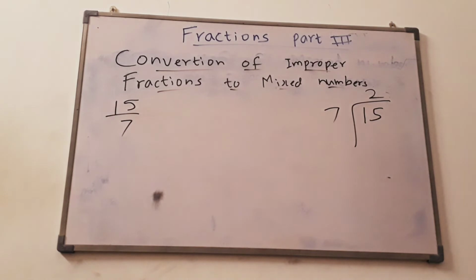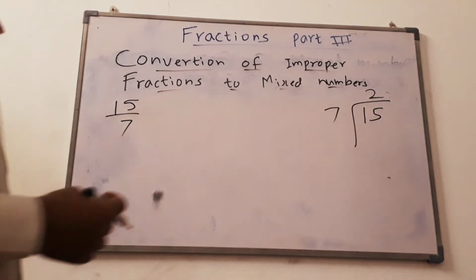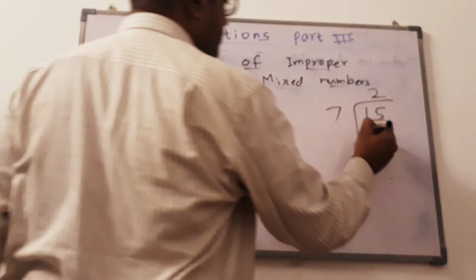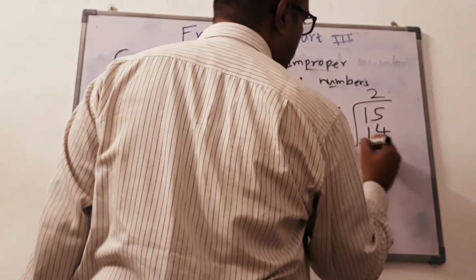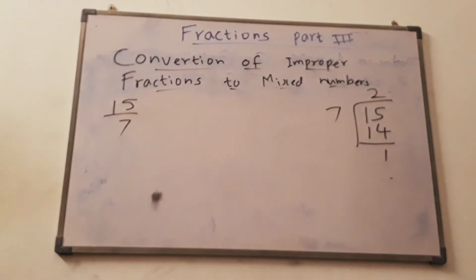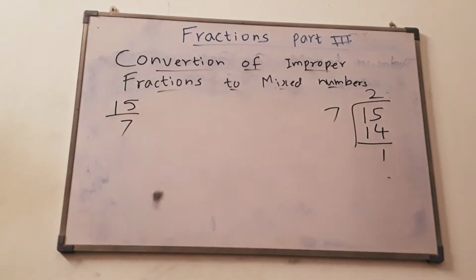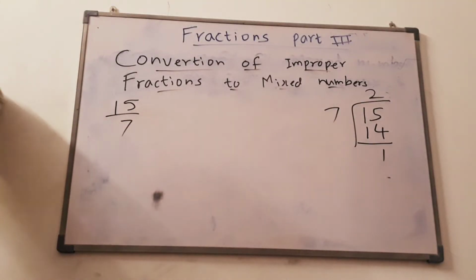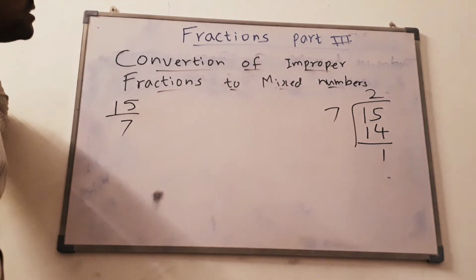But 7 times 2 is 14. 14 is divisible by 7, and it is the highest multiple of 7 less than 15. First we have to check how many 7s are there in 15. 15 is not completely divisible by 7.